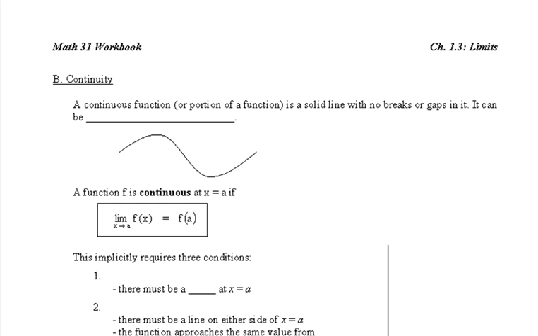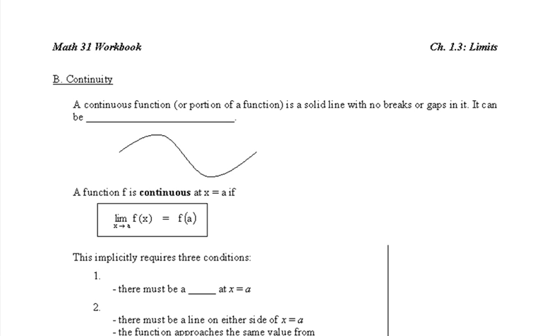Moving on. Continuity. What is a continuous function? Okay, so the formal definition of a continuous function, get ready for this because it's going to be really deep, is to be able to draw it without lifting your pencil.